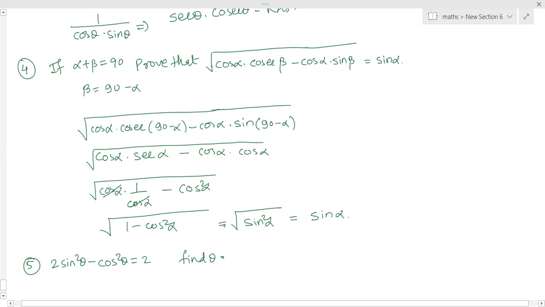So sine square theta minus cos square theta is equal to 2 sine theta. How to solve?